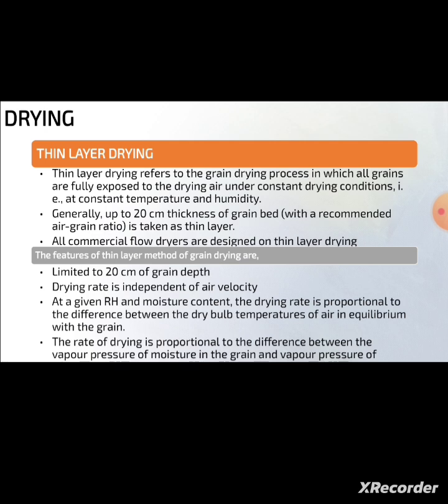All the commercial flow dryers are designed based on this thin layer drying only, because the thin layer drying bed thickness is limited to 20 centimeter only. The drying rate is independent of air velocity, and the rate of drying is proportional to the difference between the vapor pressure of moisture in the grain and the vapor pressure of moisture in the air.